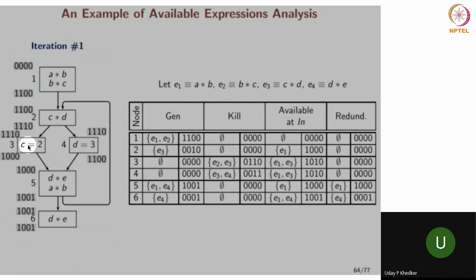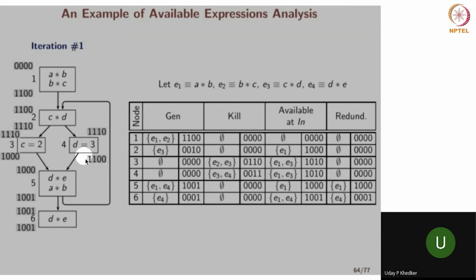However, C kills, here we have 0, 1, 1, 0 that is being killed. So these two middle ones will become 0. So at the out we get 1, 0, 0, 0, which means that A star B is available up to this point. Here we have A star B, and the third and fourth are being killed.